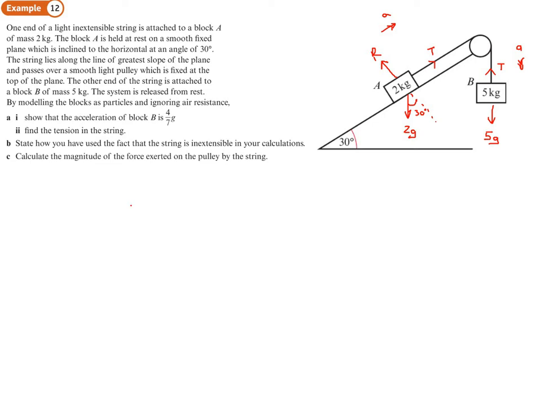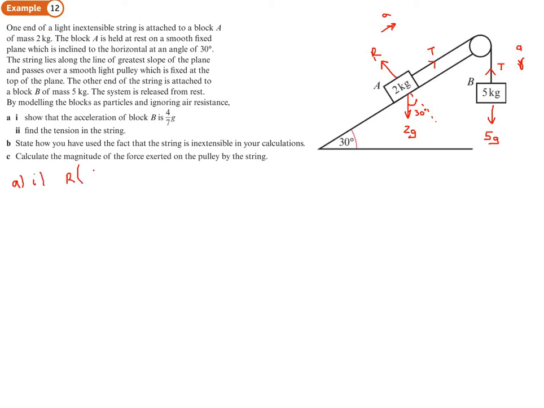Okay, so part A, show the acceleration of the block B is 4/7 g. So what we're going to do is very, very similar to last time, except this time we don't have to resolve perpendicular because we're not trying to find out what the friction is. So we can just go straight ahead and resolve parallel.